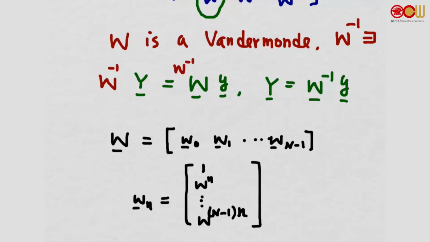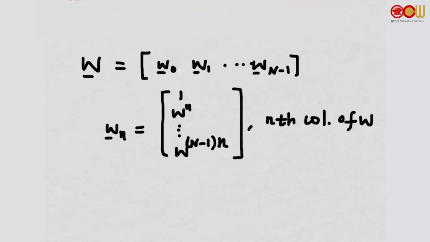Okay, so this is the nth column of W. Now let's take the Hermitian of this vector here. Let me first define the Hermitian.